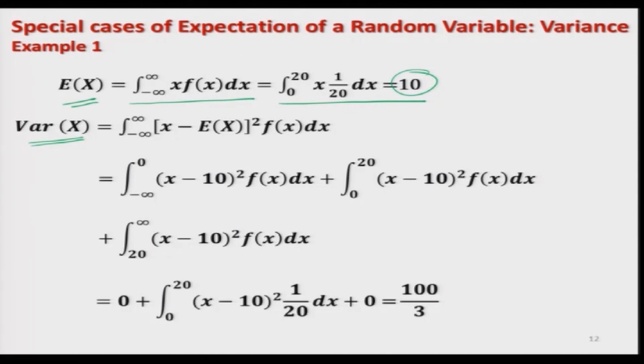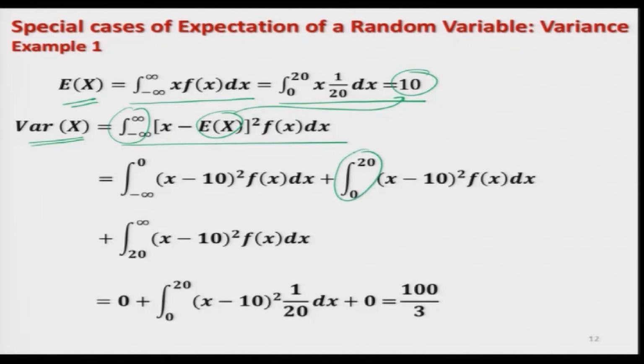Now, if you want to find out the variance of x, then you simply use the basic fundamental definition that this is going to be integral minus infinity to infinity x minus expected value of x whole square f x dx. Now, expected value of x you already have found to be 10. So, I can replace it by 10, and then this limit minus infinity to plus infinity can be divided into 3 parts depending on the range of the probability density function. Right. So, probability density function is defined in the range of 0 to 20.